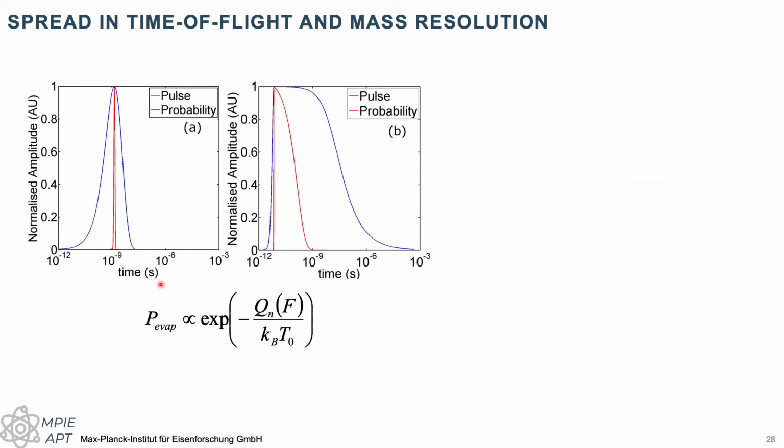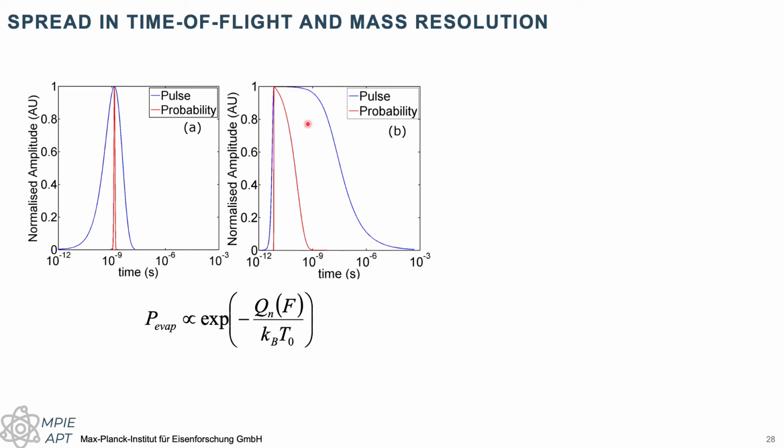Now, as I've mentioned, the probability to field evaporate follows a Boltzmann law, Arrhenius, depending on which way you want to see this. If we look over time, if we send a pulse, which is a few nanoseconds typically for a high voltage pulse, the probability of field evaporation will be happening over a fairly sharp, short amount of time.